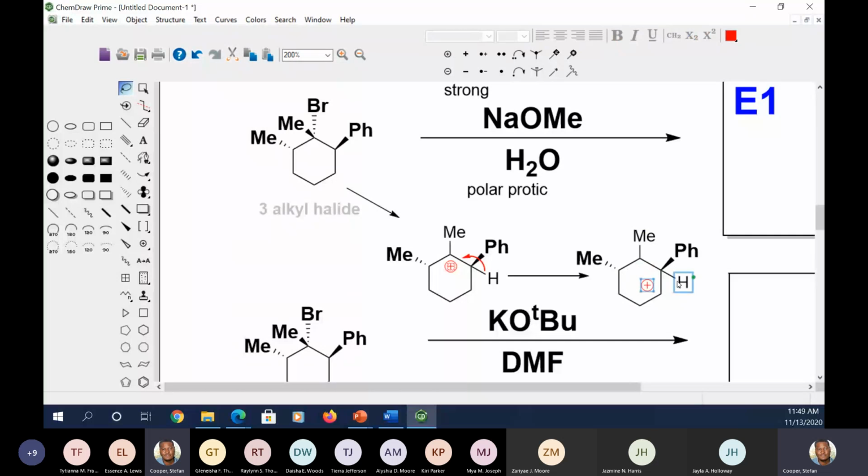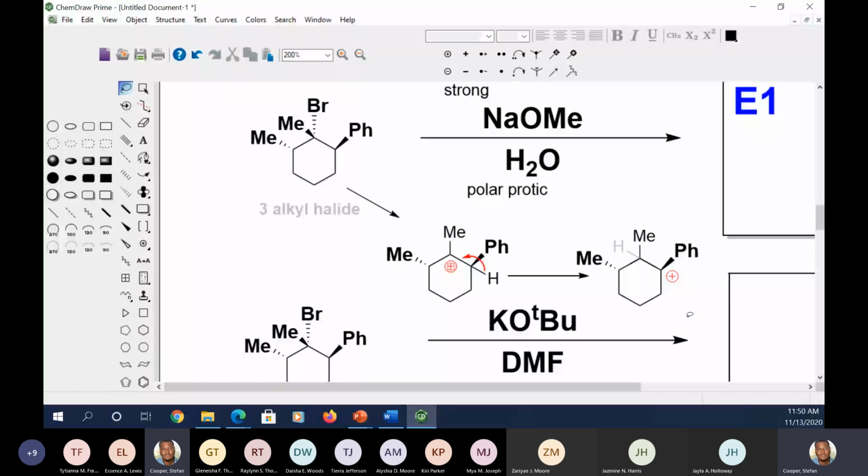I go from something that's tertiary to something that's tertiary and benzylic. So which is better, plain tertiary or tertiary benzylic? The tertiary benzylic. Tertiary benzylic, that's right. All right, so that's favorable.